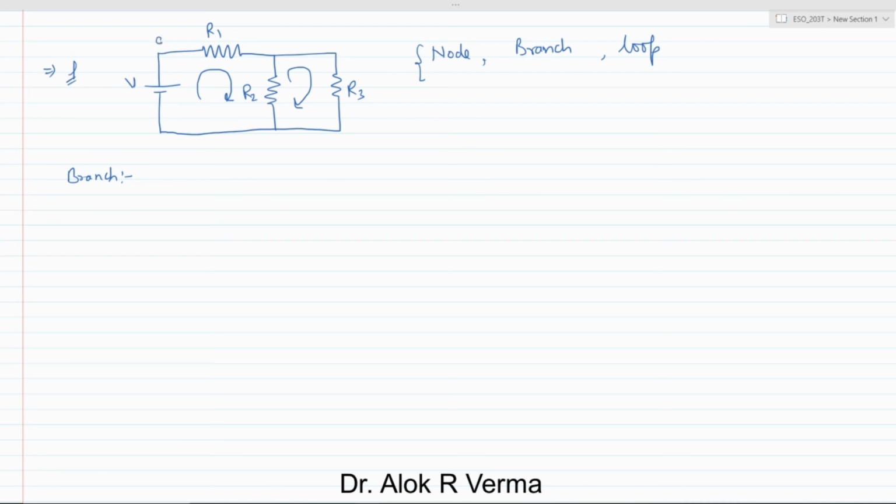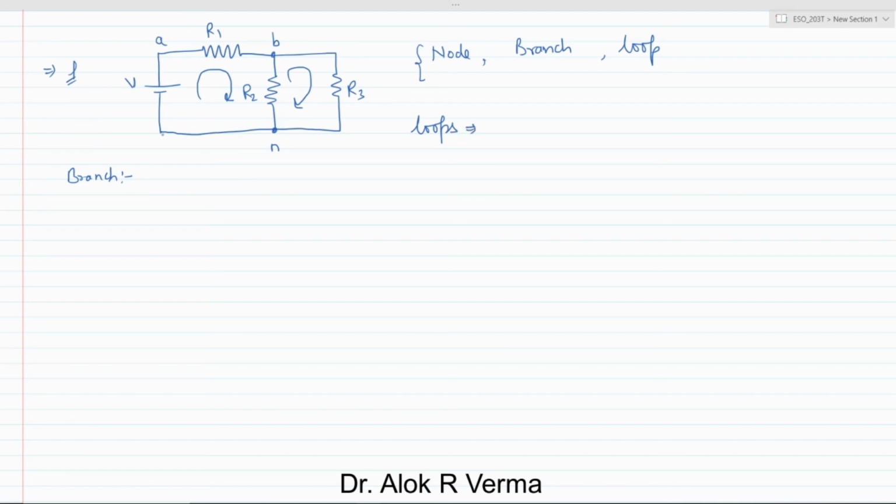So suppose we name this point A, this point is B, then this is N. Starting from N, we can write loops. What can the loop be?